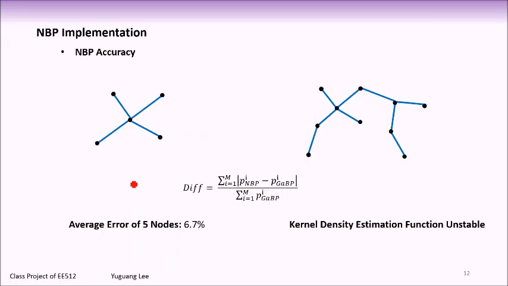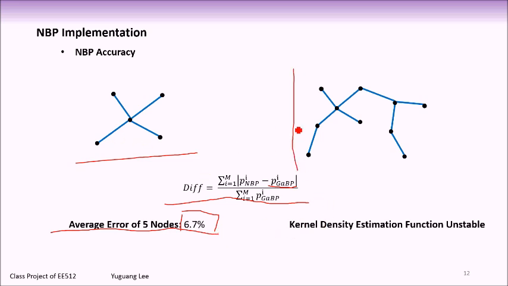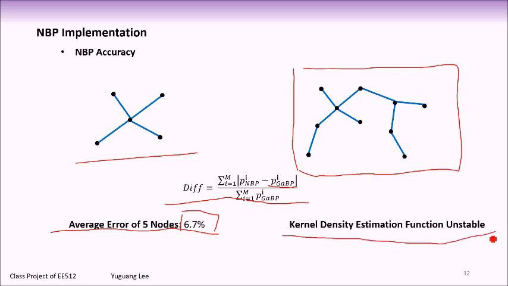Then I evaluate the calculation accuracy of my NBP code against the analytical result, which is calculated by Gaussian belief propagation, and I use this parameter to evaluate the error. You can see that this 5-node case has an error of 6.7%.